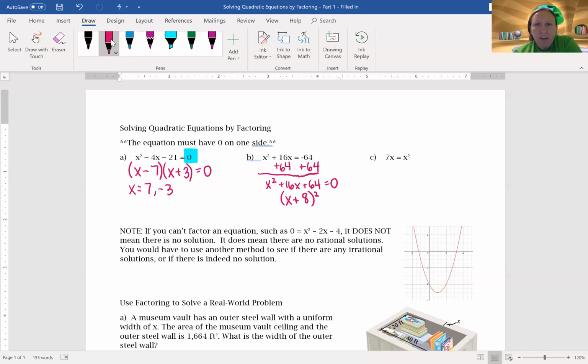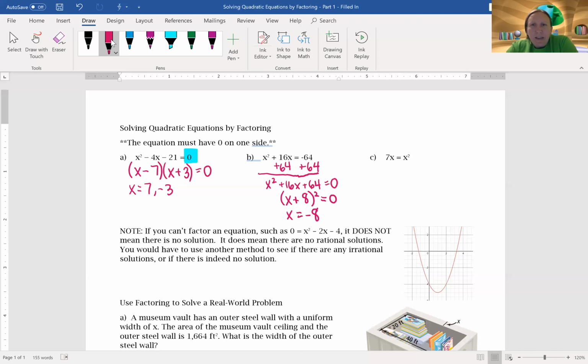And remember, you should always check it to make sure. We want 2 times the first piece times the second piece to equal 16x. So 2 times x times 8 does indeed equal 16x. So I know that the factored form is x plus 8 squared. So I have x plus 8 squared equals 0, which means there's only going to be one solution in this case, which is negative 8.